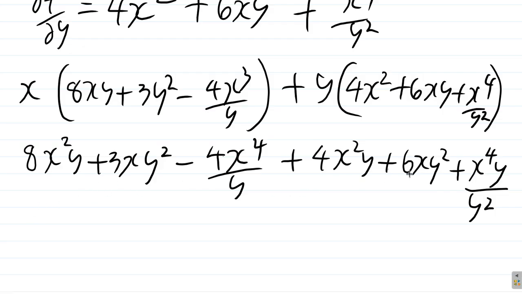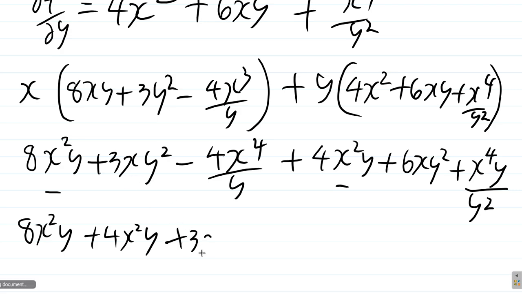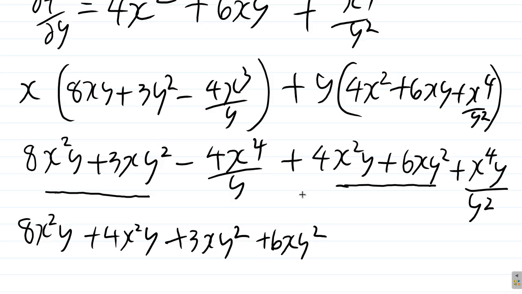We have an 8x squared y plus 4x squared y, so we have this part down. We have a plus 3x y squared, and a plus 6x y squared.